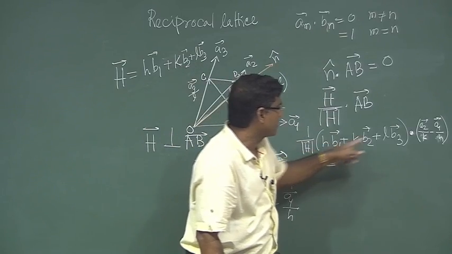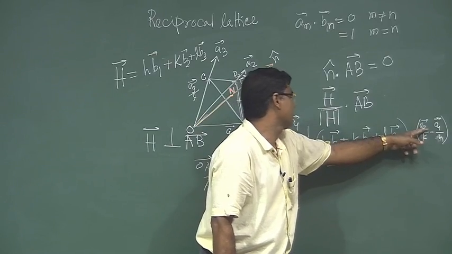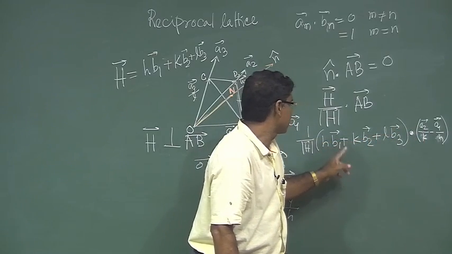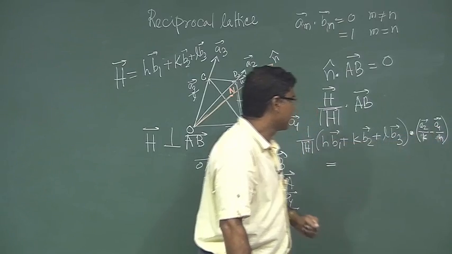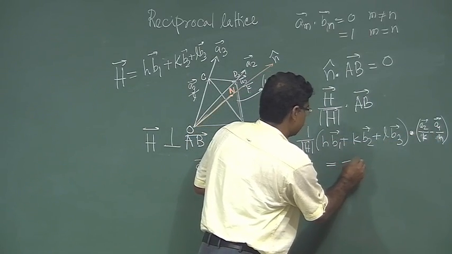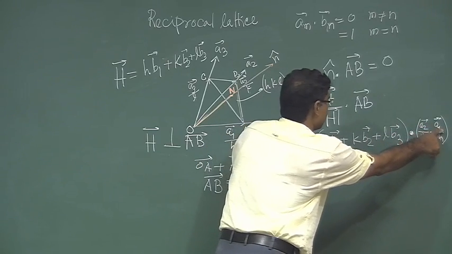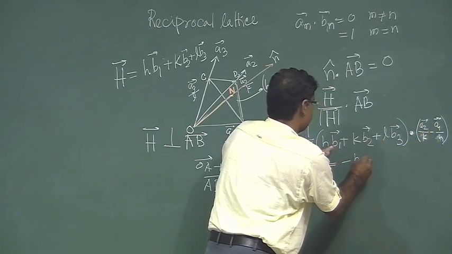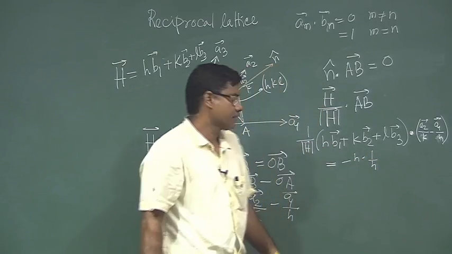So, B1 dot A2 is 0, m is not equal to n, B1 dot A1 will be 1, right. So, I will get minus H, B1 dot A1 is 1. So, 1 by H, right here.